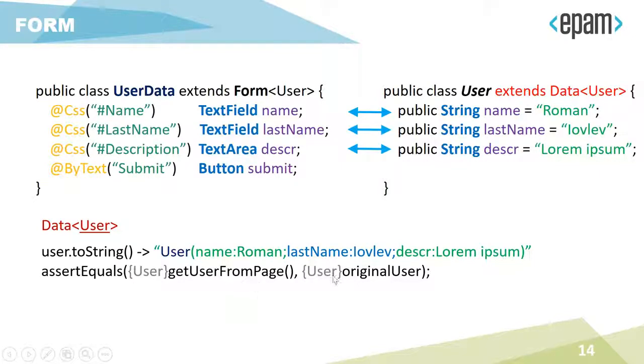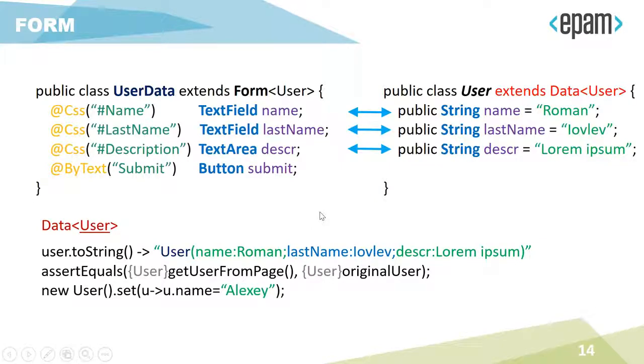You can assert these entities created from user, and they will be compared by equality of the fields. So if entities have equal fields, they are equal, no matter that these are different objects.